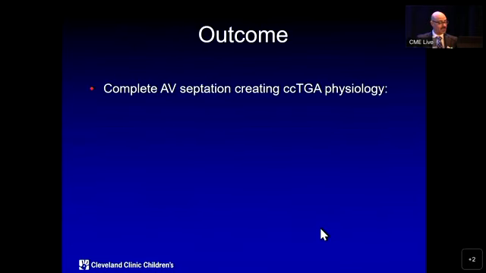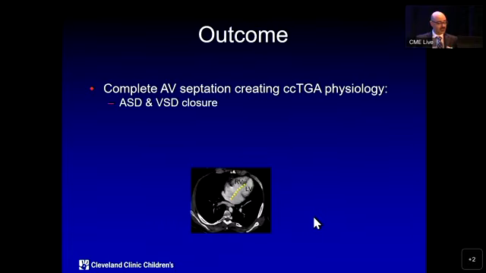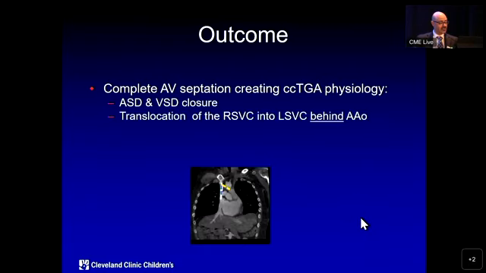So what did we do? We did complete AV septation, creating CCTGA physiology. We septated the atrial component and the ventricular component. We translocated the right SVC to the left SVC behind the ascending aorta. In this case, the aorta was very anterior, so we created a neo-innominate retroaortic vein.